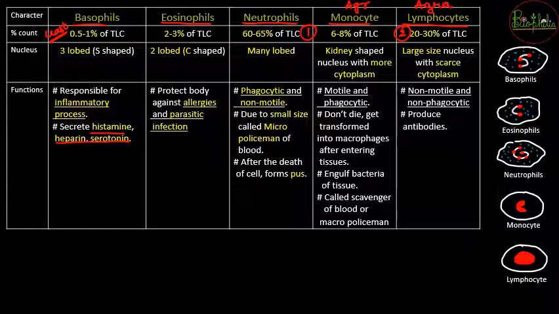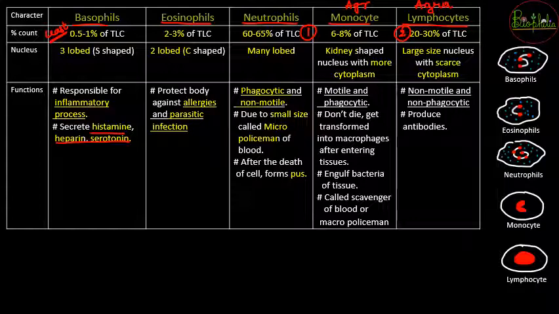Wherever phagocytosis occurs, when these neutrophils, the bacteria and the cells surrounding that place die, they form the pus.